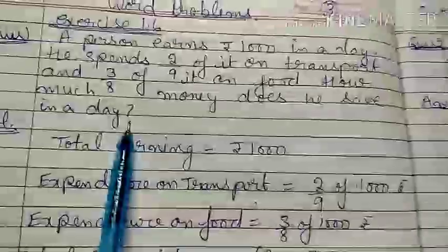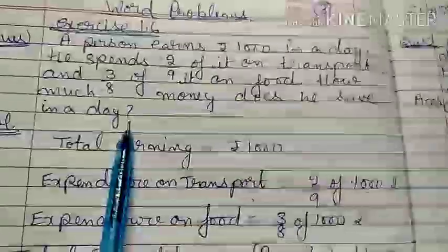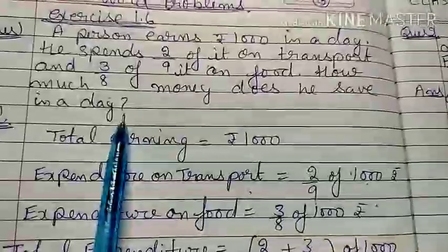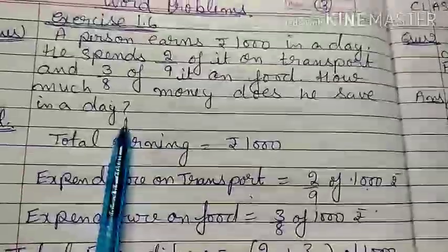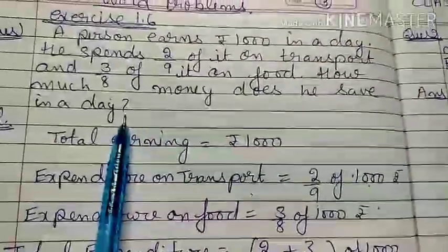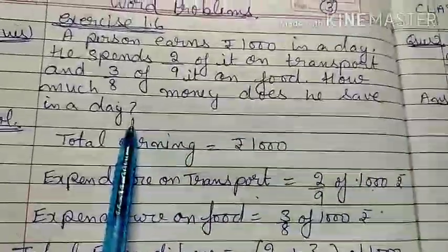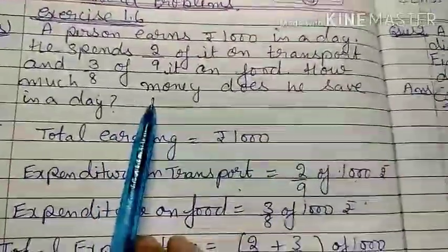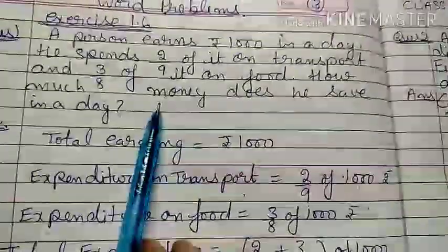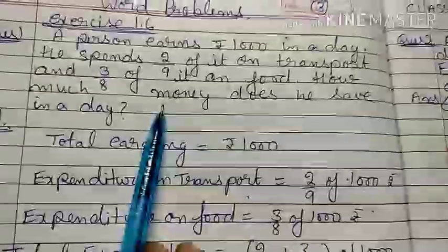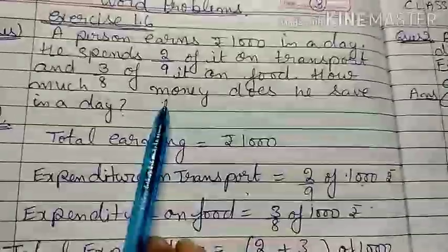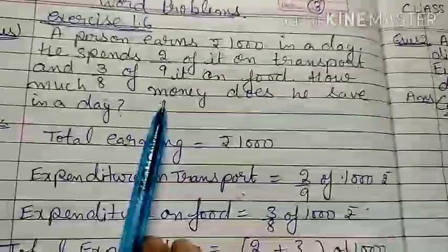You have to find: out of 1000 rupees, 2/9 part he spends on transportation and 3/8 part of that earning he spends on food, and how much money was left at the end of the day.